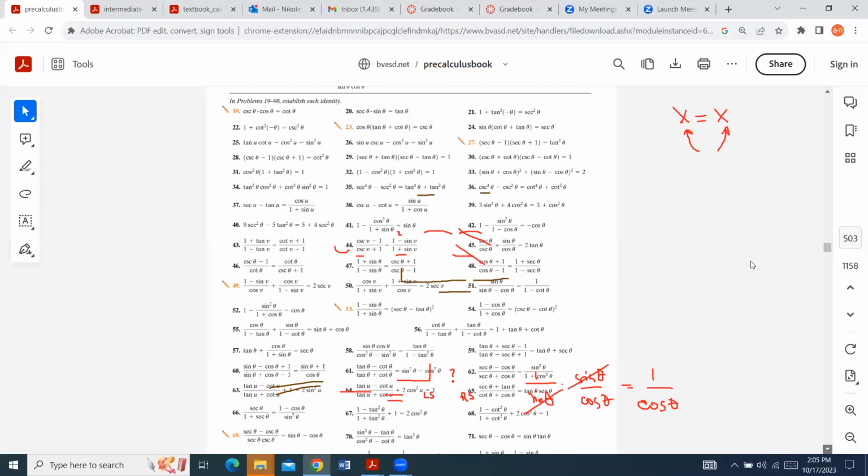So the story of this section starts at exercise number 19. So I will be selective by choosing some problems and trying to keep them simple, to simplify them. So let's say I start with exercise number 25, that has tangent, cotangent, and cosine and sine.